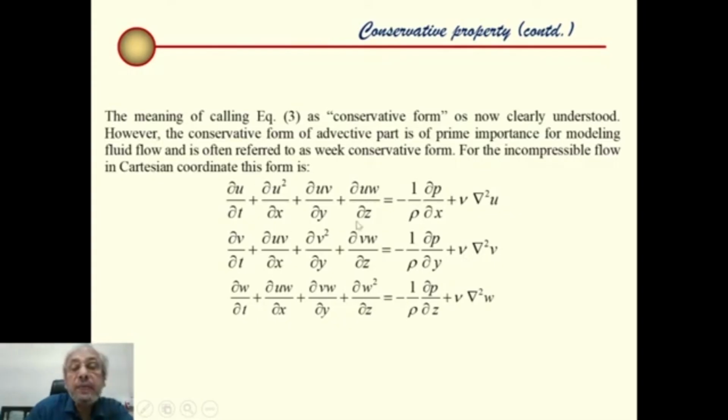So all the advective terms, the convective terms, can be written in conservative form. Now if we only write the advective terms or advection in conservative form, then that is called weak conservation.